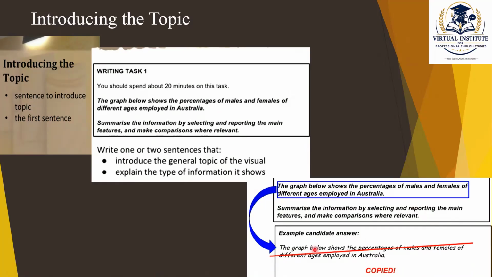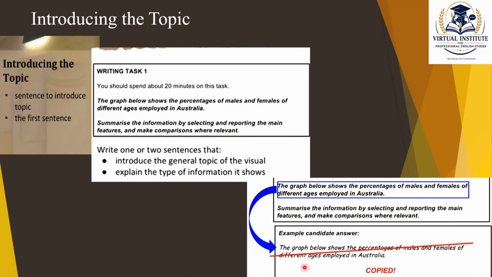Can you tell me the reason why the examiner will cross it? Any idea? Yes, the student copied it, but more than this, they want to know about our writing skills.